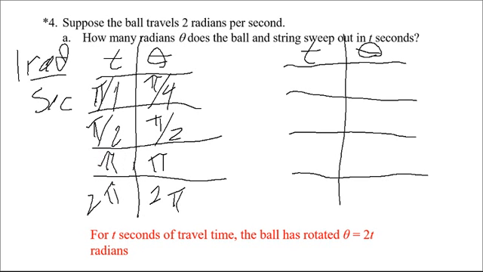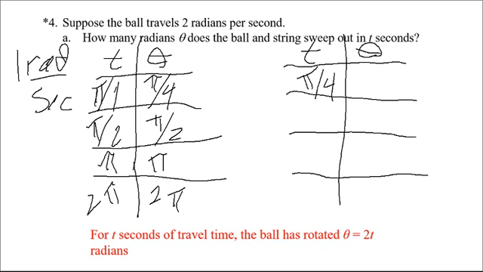Now, if we were to consider the same values of time, pi over 4, well, since we're going to be traveling twice as fast, in pi over 4 seconds now the value of theta is going to be twice as large.